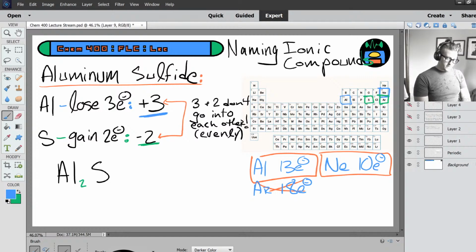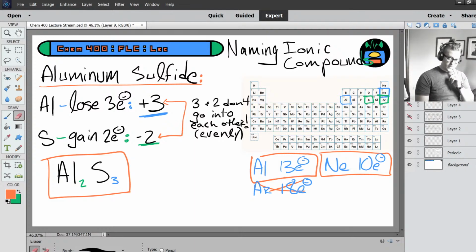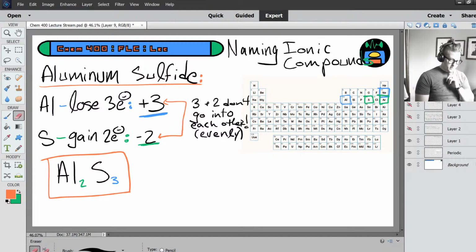Then take the number for your cationic charge and make that the subscript of your anion, and you will come out golden every time. The chemical formula for aluminum sulfide is Al2S3. Now, you may be wondering, okay, Josh, cool, nifty trick, but why does this work? All right, here's why it works.